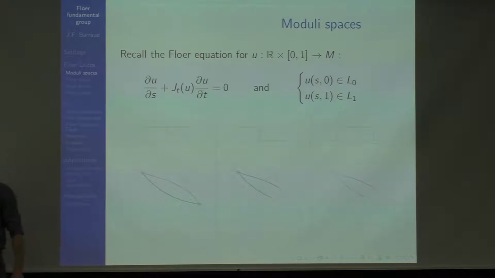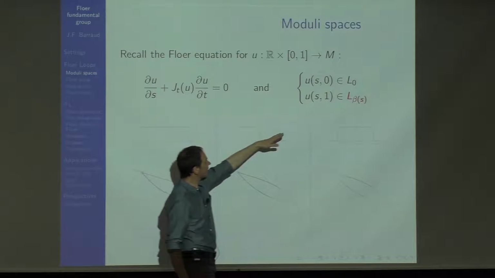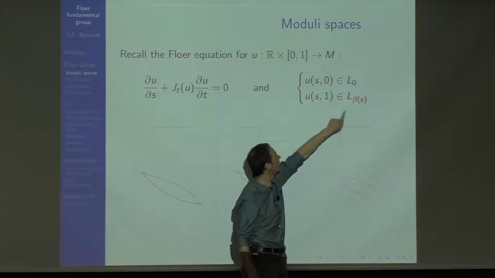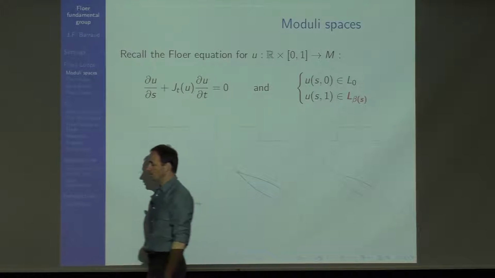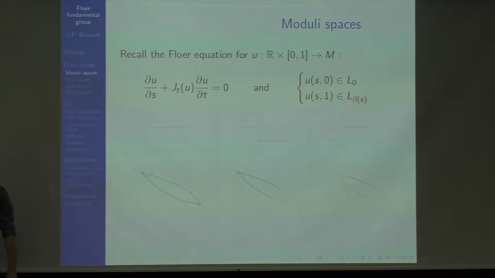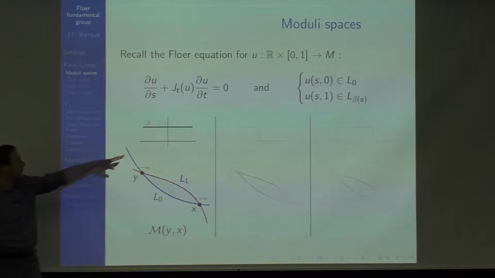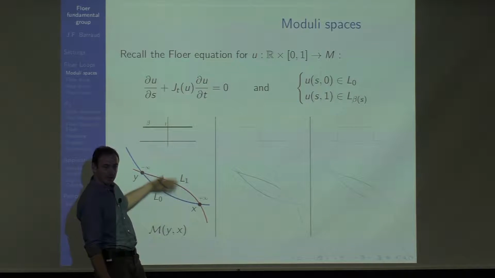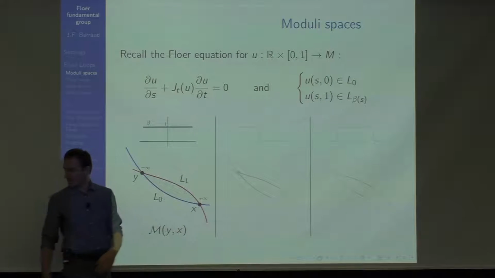But we want some variations on that, so we will be using moving boundary conditions. In fact, the boundary condition on one side will move along when s moves, and there will be several functions beta. Of course, the first case is when beta equals 1, then you have just the usual Floer trajectories.